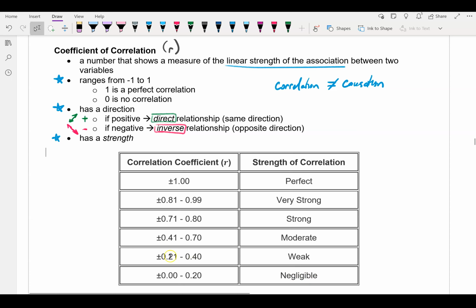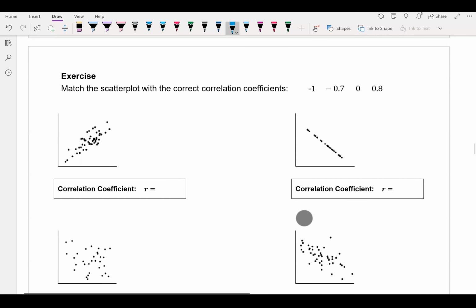As you creep up the line, anything from 0.2 to 0.4, it's weak, and so on. So this is what we will use to determine how strong our correlation is. And usually you want it to be at least 0.7. That would be kind of a good point. This and up is going to be strong, which means that there's a very good chance that your data is actually correlated.